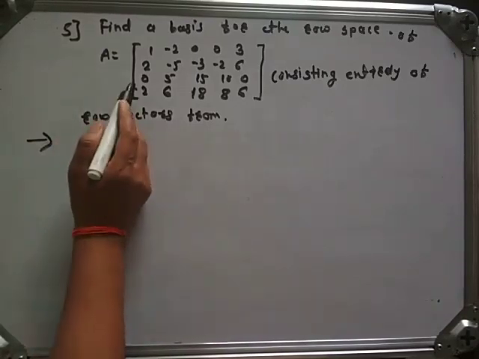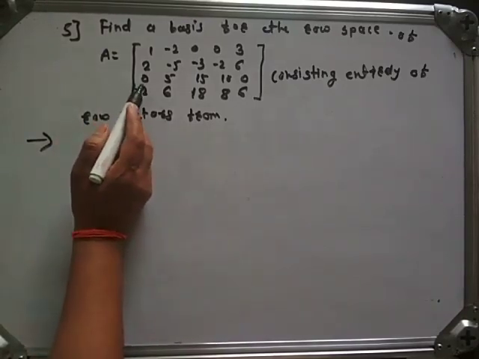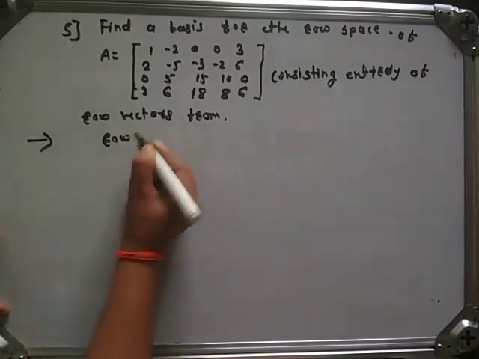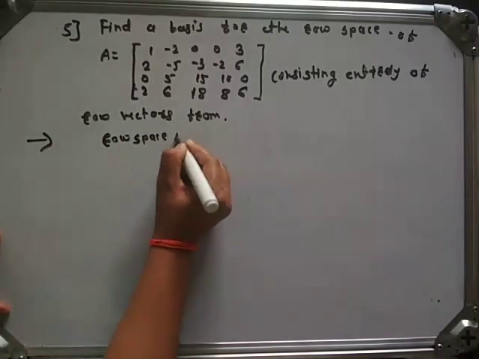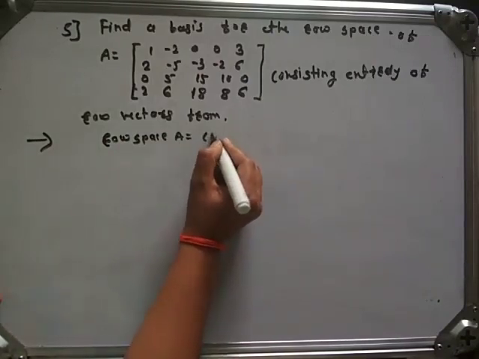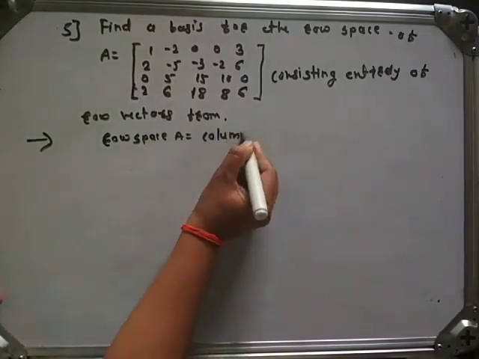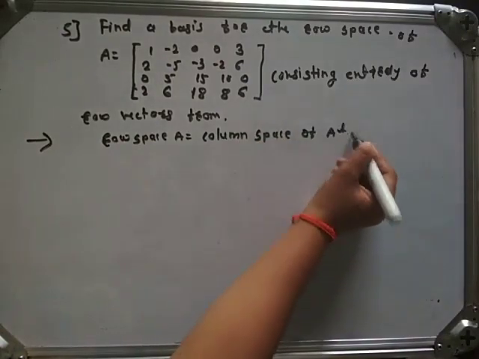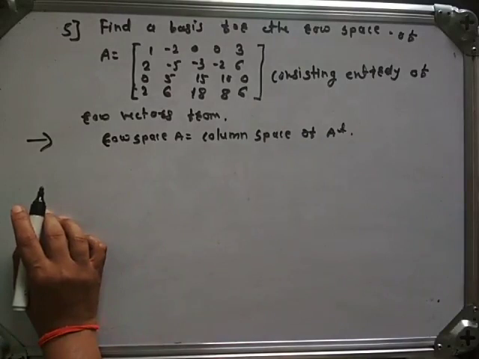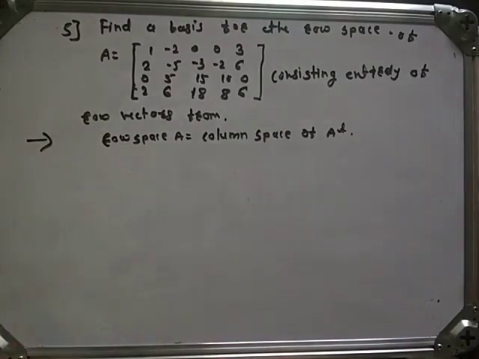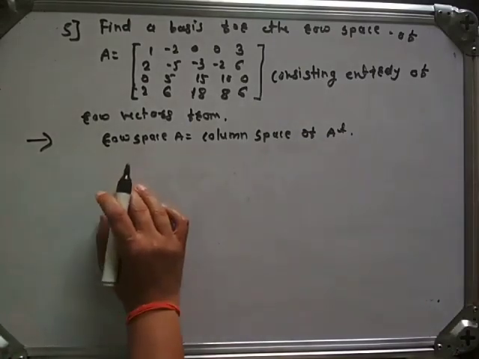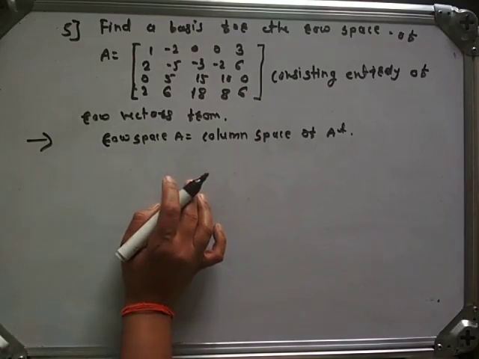We will transpose this A, thereby converting the row space of A into the column space of A transpose. Row space of A is nothing but the column space of A transpose. Then we apply the method to find the column space of A transpose, and then we will transpose again to convert column vectors back to row vectors.